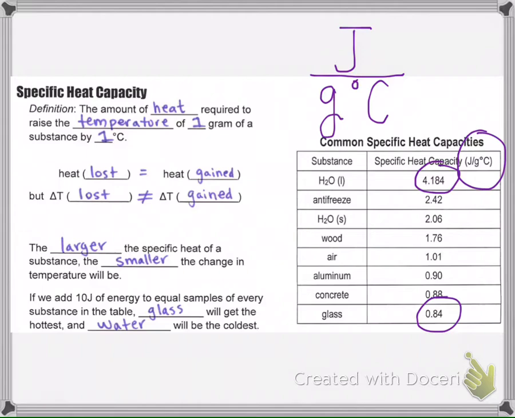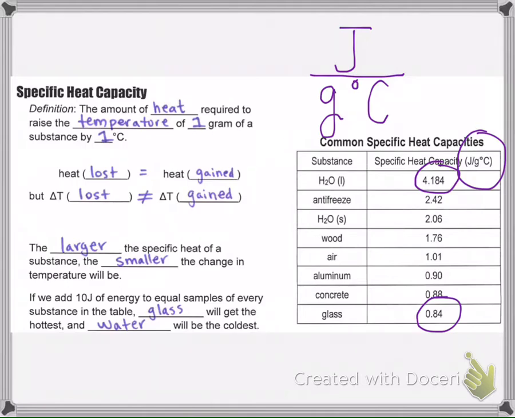There are many examples. Because glass has a low specific heat, it's going to have a larger change in temperature. This is one of our safety rules that we talked about in the beginning of the year: cold glass looks the same as hot glass.